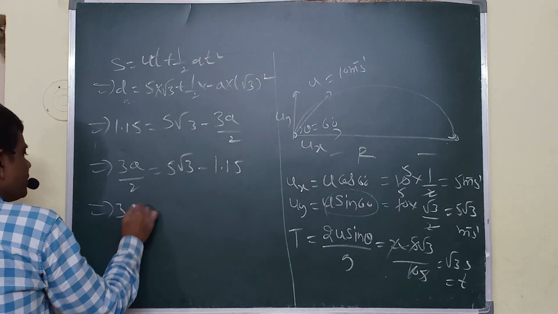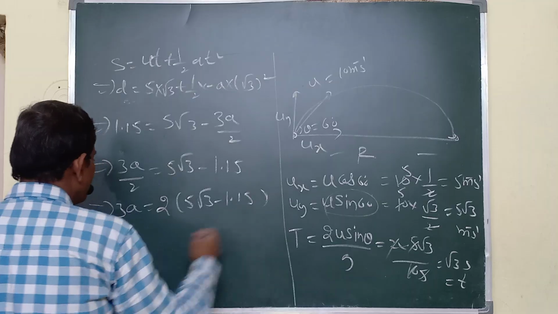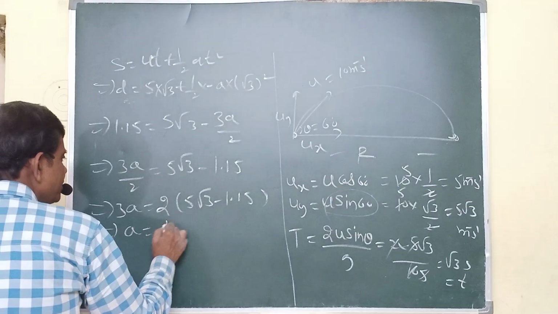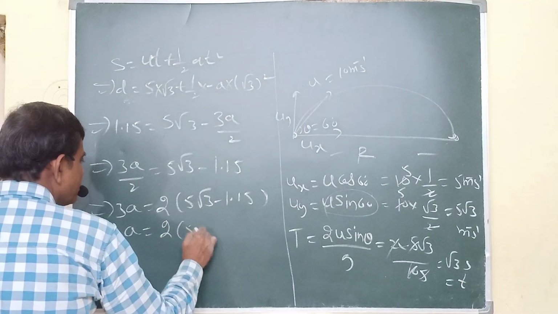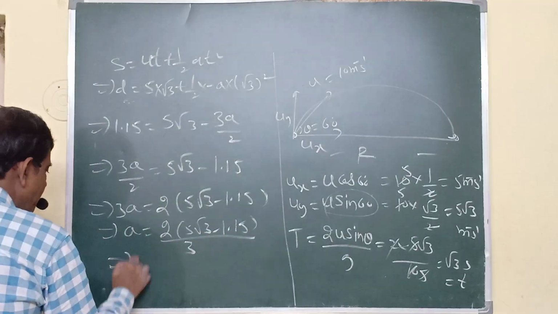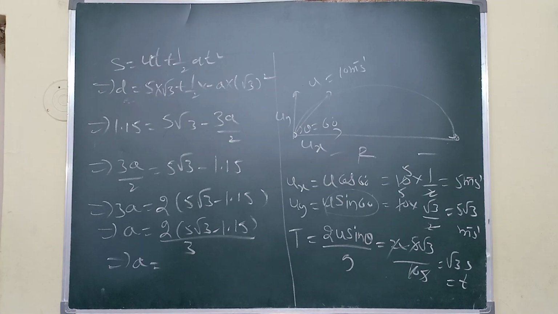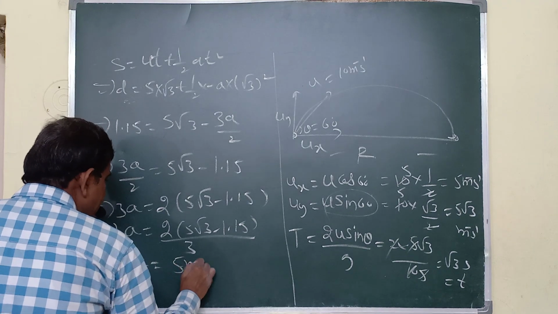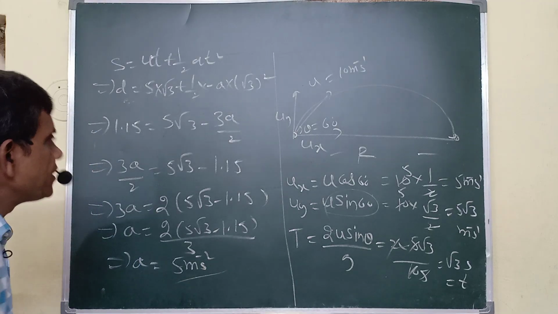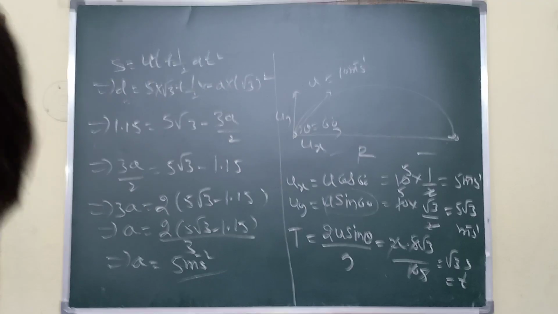This implies 3a equals 2 into 5 root 3 minus 1.15, so the acceleration is 2 into 5 root 3 minus 1.15, divided by 3. After doing the mathematics, we get 5 meters per second square. That is the acceleration of the train.